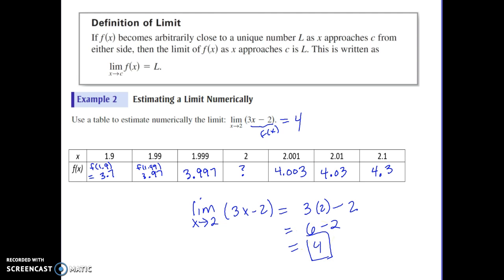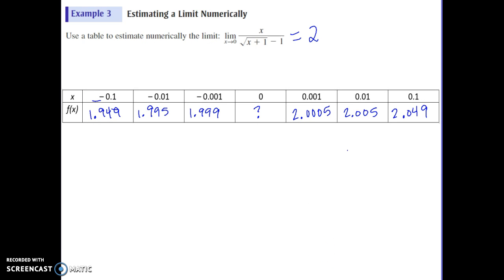Now what happens if you try to plug in an x value of 0 here into your function? So I get x over the square root of x plus 1, and then minus 1. Plugging in 0, I end up with 0 over 0 plus 1, and then minus 1.